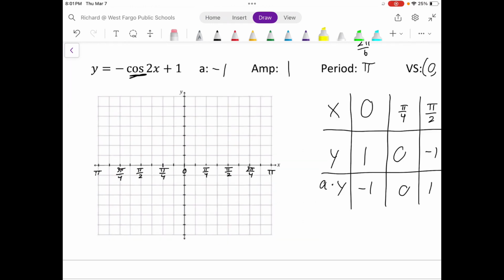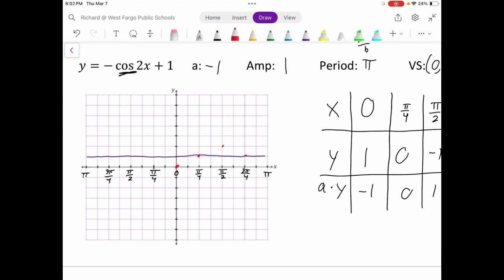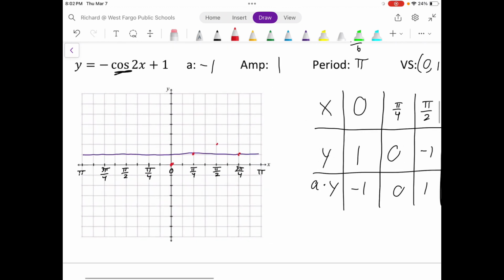With these points, we have to remember that our vertical shift is plus 1. So our new line will actually be right here. Our first point at 0 is going to be negative 1, which will be right here compared to our new line. Our next point will be 1, 0, and negative 1.